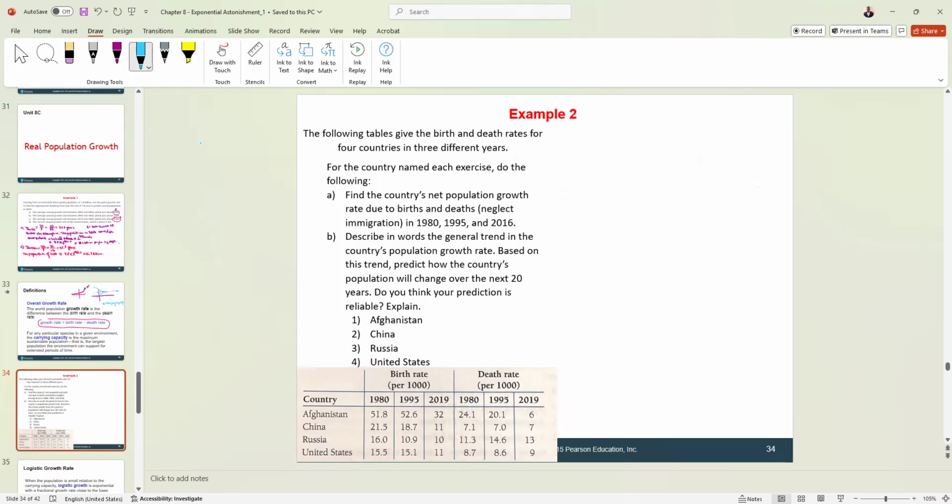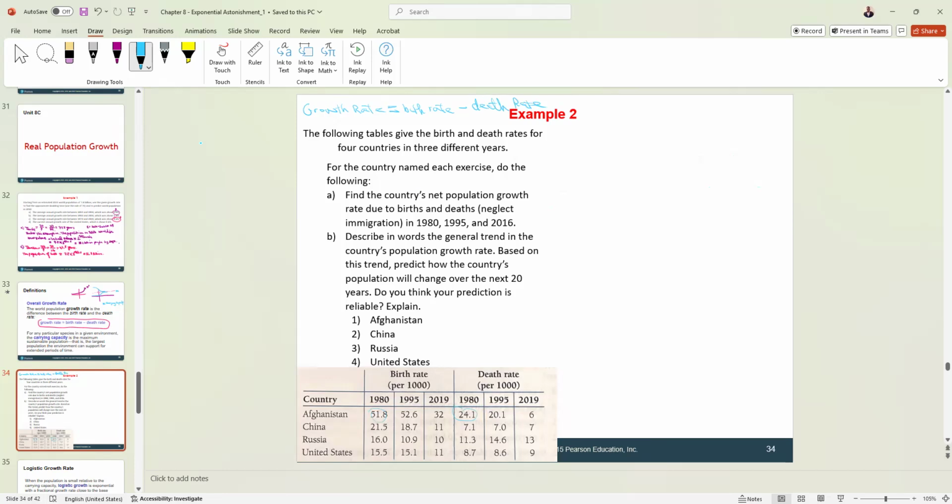What is the growth rate in 1980? Remember, we said growth rate is birth rate minus death rate. That's very simple.